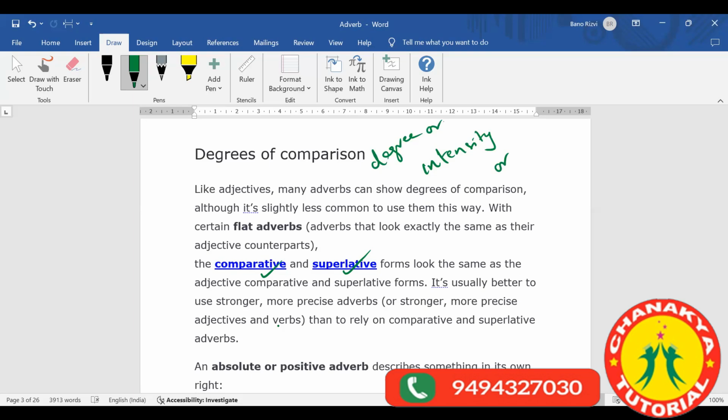Comparative adverbs are used to compare two things and express a higher or lower degree of an action or state. A superlative adverb expresses the highest degree. This degree could be low or high, but when we are talking about superlative, it is the highest degree.